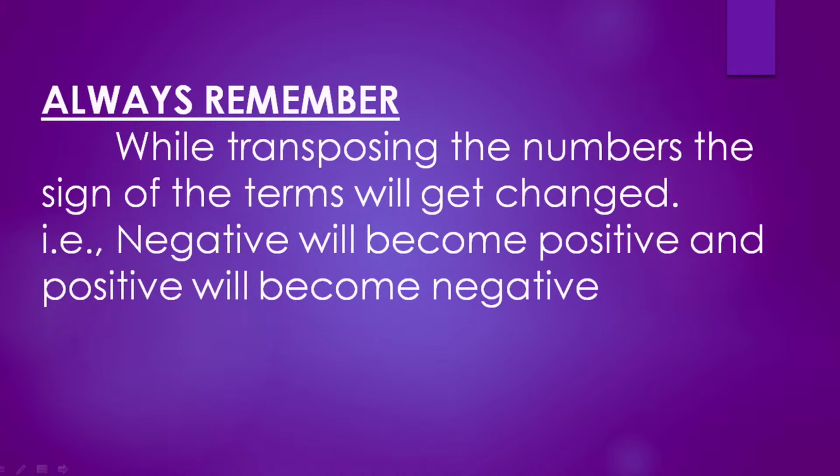Remember, children, most of the kids make this mistake in the exams and they get wrong answers. Negative will become positive and positive will become negative. Yes, when we change from one side to another side, when we are transposing numbers, the signs of the terms have to be changed.